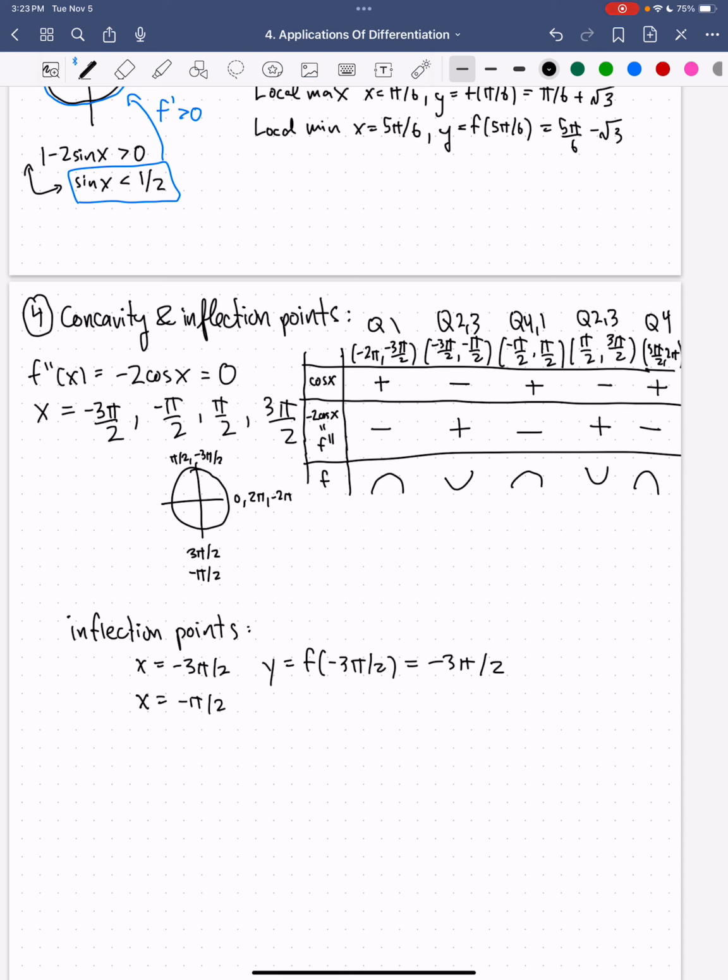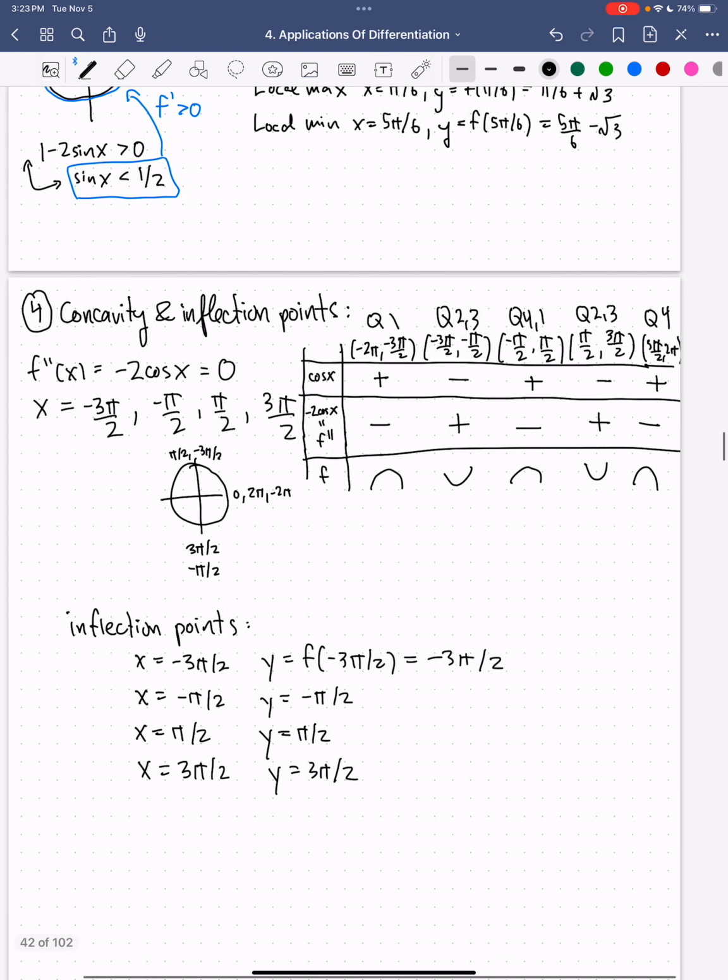So x, negative pi over 2, the y value ends up also being negative pi over 2. When x is pi over 2, y value is pi over 2. And when x is 3 pi over 2, y is 3 pi over 2. Awesome. Okay, so now what we can do is get our sketch going.